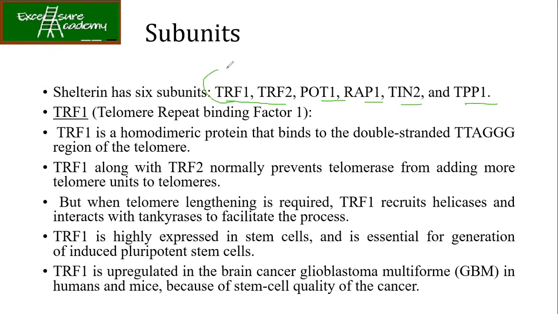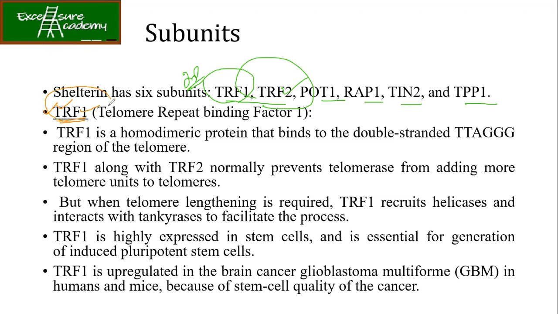So first, let's talk about TRF1 in detail because this is the main subunit, TRF1 and TRF2. Okay. If you can remember TRF1, then it is easy to remember TRF2 because they are almost similar. Okay. So TRF1 means what? It is telomere repeat binding factor 1.